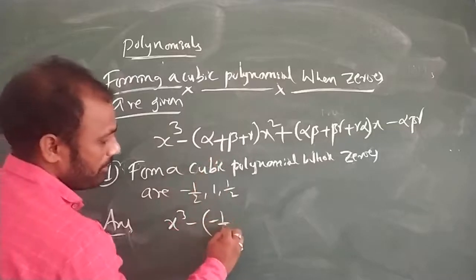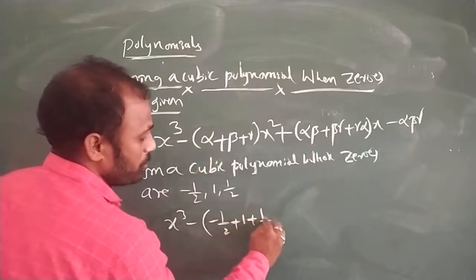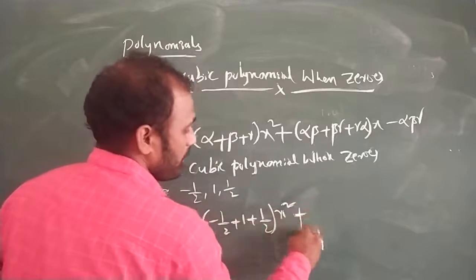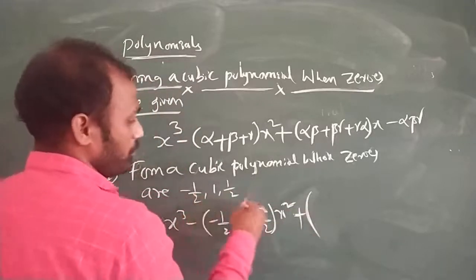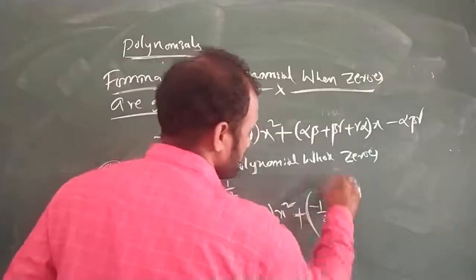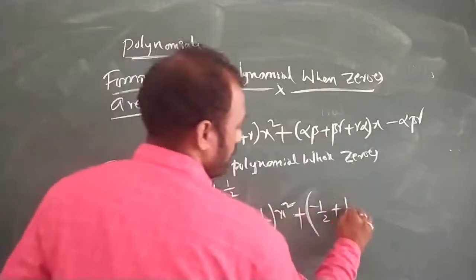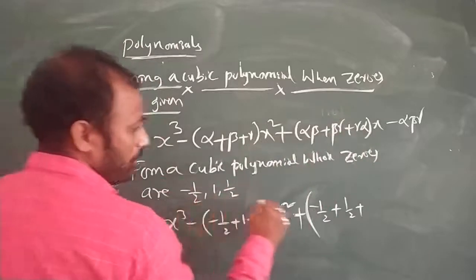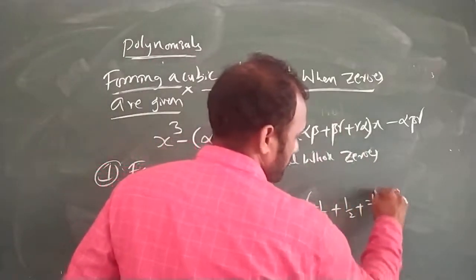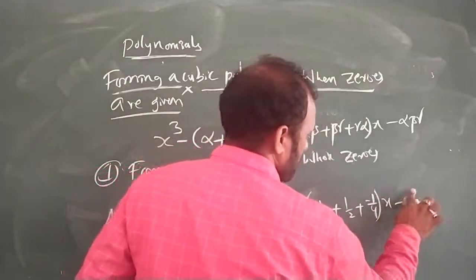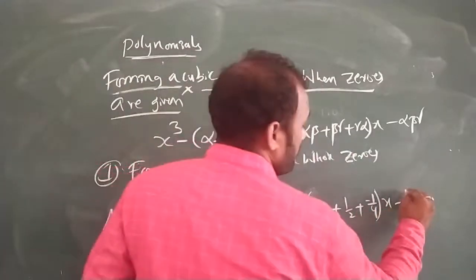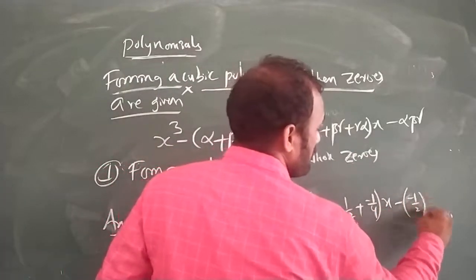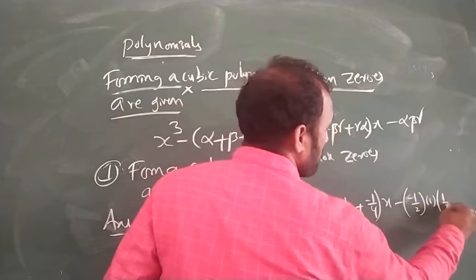So minus 1 by 2 plus 1 plus 1 by 2 into x square plus alpha into beta, minus 1 by 2 into 1, which is minus 1 by 2, plus beta gamma, 1 into 1 by 2, 1 by 2, plus gamma alpha, 1 by 2 into minus 1 by 2, which is minus 1 by 4, into x, minus the product of these three zeros, that is minus 1 by 2 into 1 into 1 by 2.